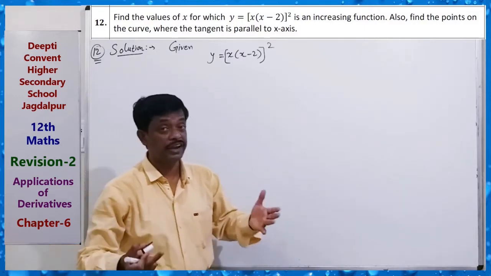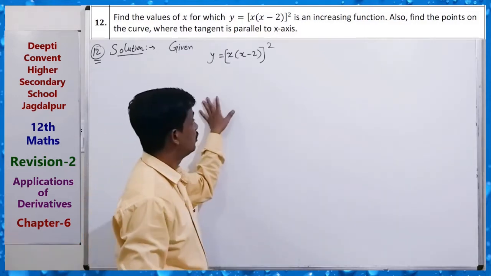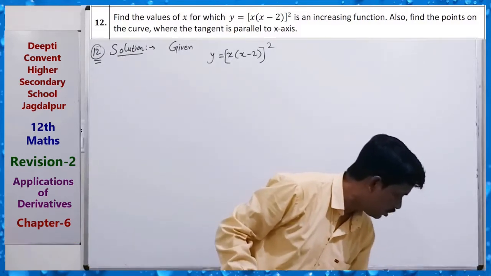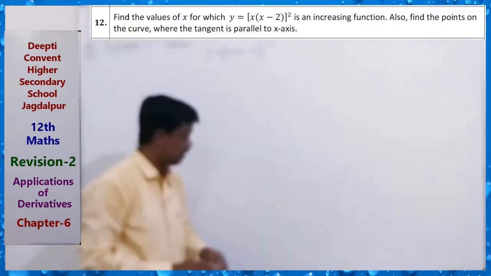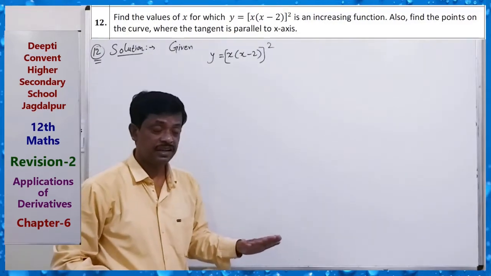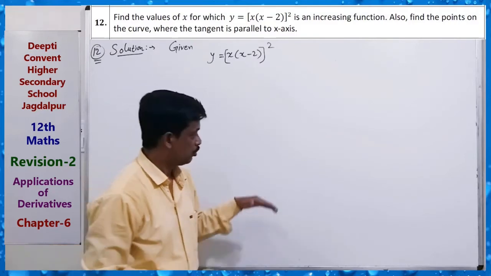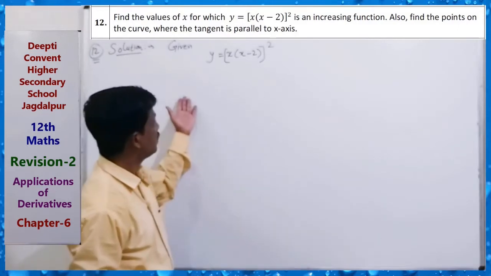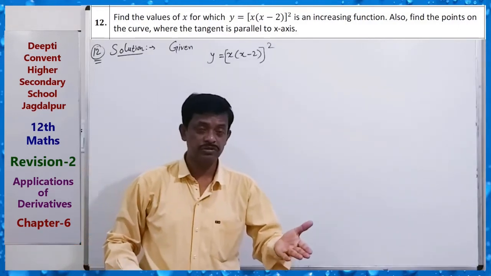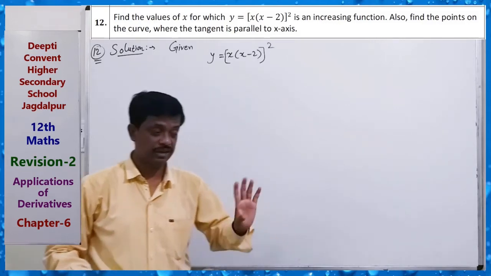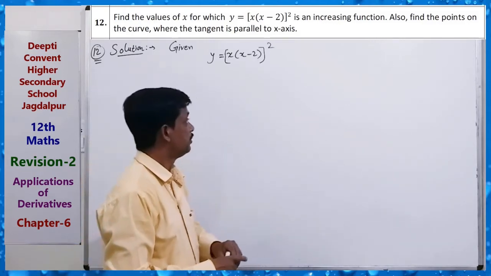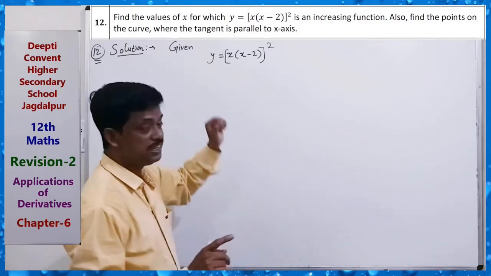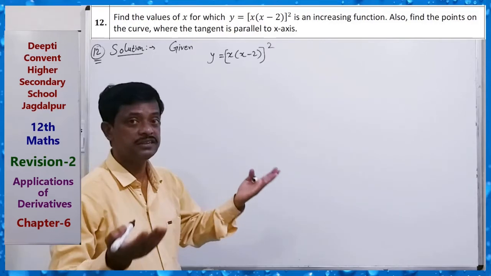This relation between x and y represents a curve. So we also have to find those points on the curve where the tangent is parallel to the x-axis. We know parallel lines have the same slope, so a line parallel to the x-axis has slope 0. That is, the derivative equals 0, because the derivative gives the slope. First of all, we have to find the value of x for which this is an increasing function, that is, the derivative is greater than 0.